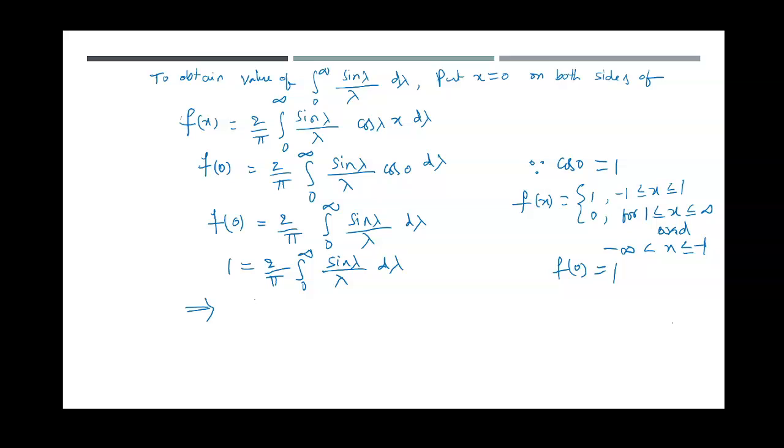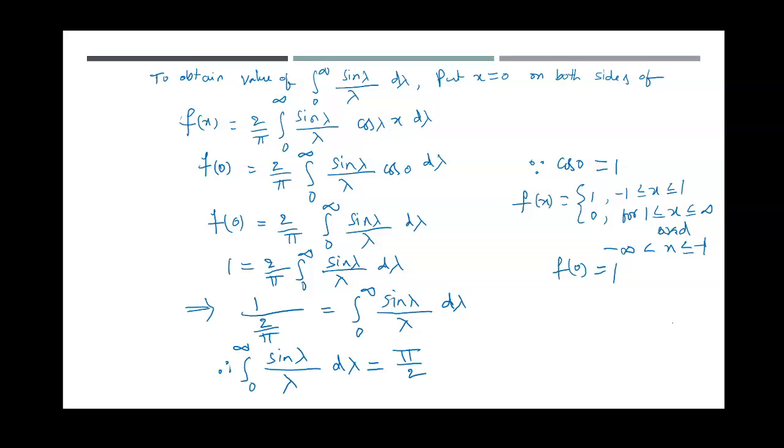This comes in the denominator: 1 by 2 by pi equals integral 0 to infinity sin lambda by lambda d lambda. Therefore, integral 0 to infinity sin lambda by lambda d lambda equals 1 by 2 by pi, which is nothing but pi by 2. So the value of this integral is pi by 2.